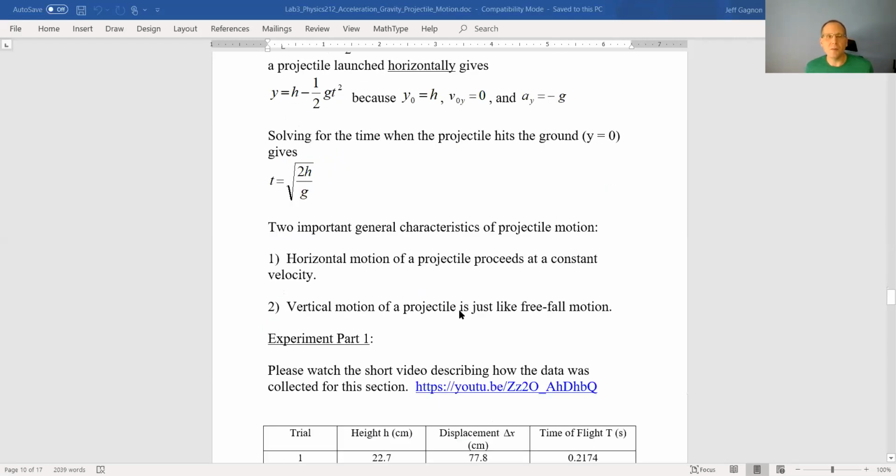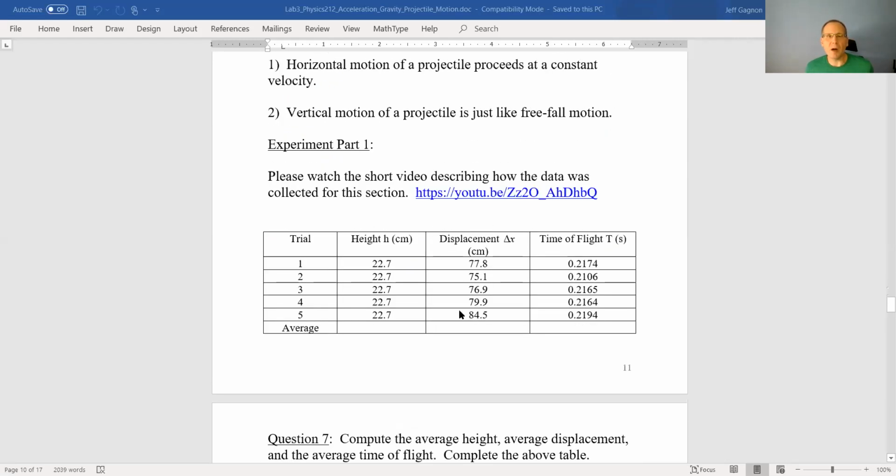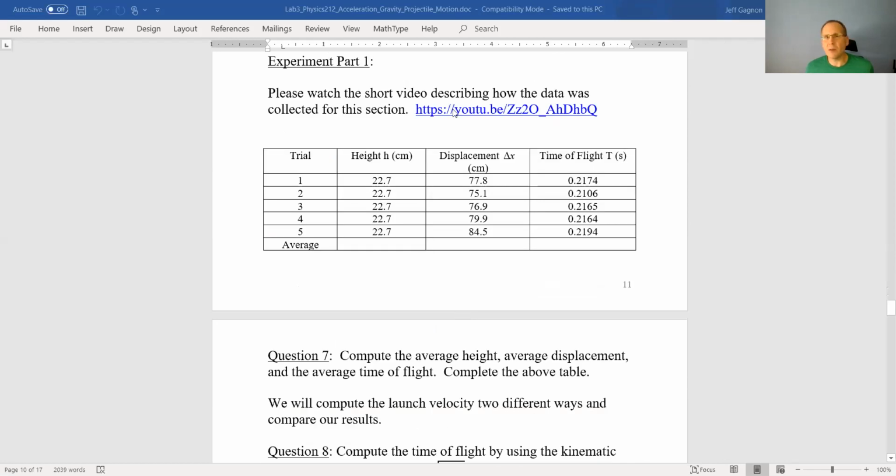Okay, so in the first part of the experiment, and you should really watch the video on how I collected this data, so make sure you do watch that. I have a launcher, a spring-loaded gun. And I measured the height of the gun above the table.